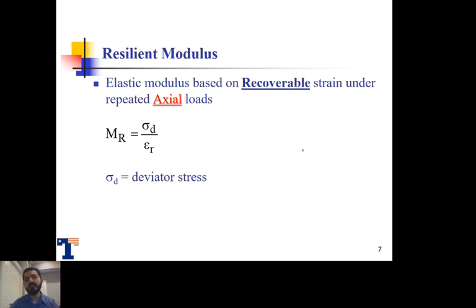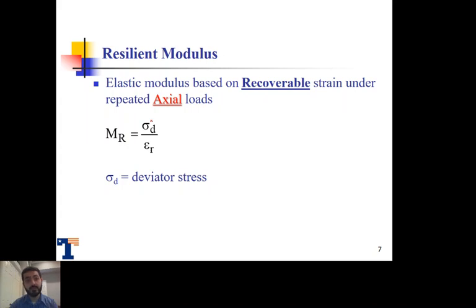So based on this test, we're interested to get the resilient modulus, which is MR. The resilient modulus is typically defined mainly based on the recoverable strain under repeated axial loading. That's why you would see this is sigma D, the deviator stress.